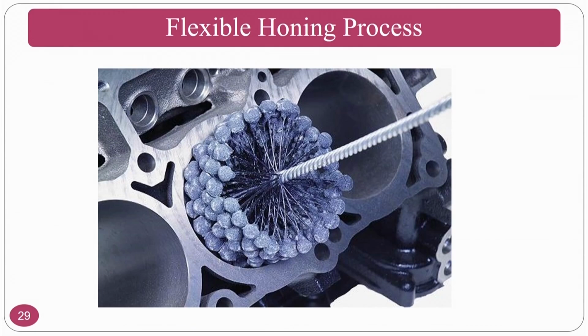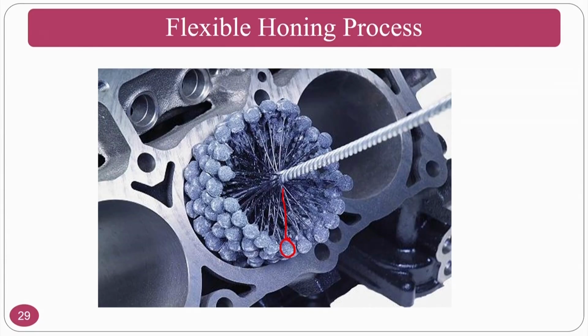As you can see here in flexible honing, these are the wires that are connected, and these are the balls. Normally these are made up of polymer, sometimes glue. A combination of materials is used, many varieties of materials, which are patented technologies. Thankful for Google, from where I got these pictures, and these are all used for finishing applications.